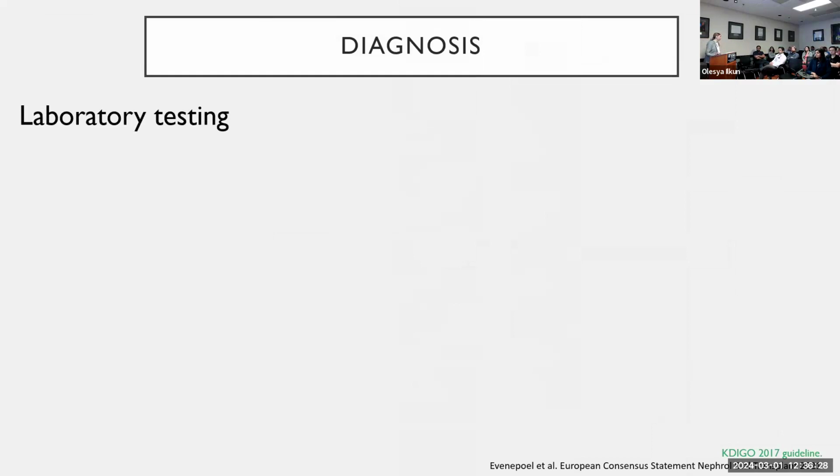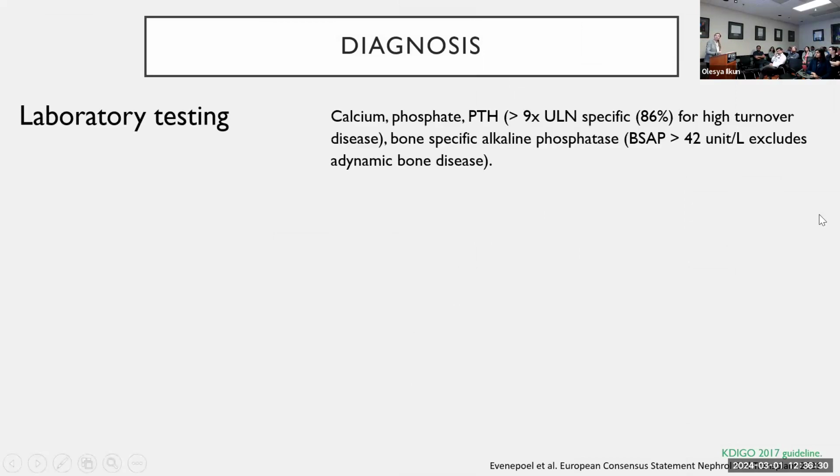So how do we diagnose it? Of course, laboratory testing. Calcium, phosphate, PTH: more than 9 times the upper limit of normal is 86% specific, so 86% of those had high turnover disease. And BSAP, if more than 42, is high, it also excludes low turnover.